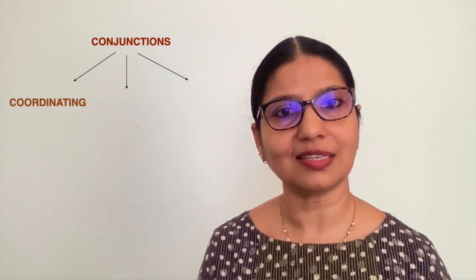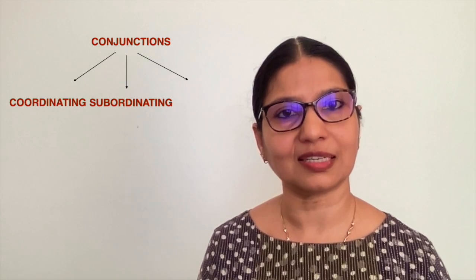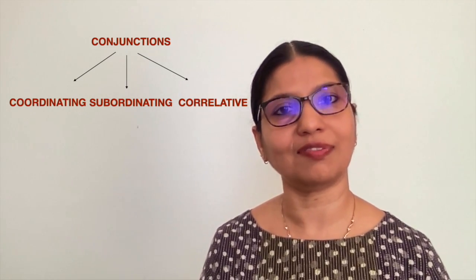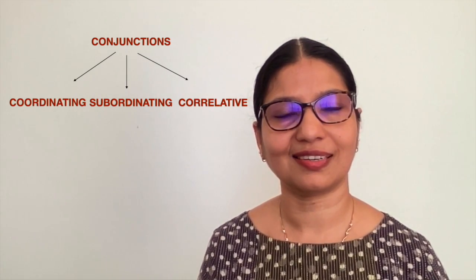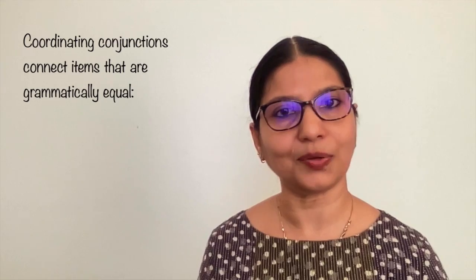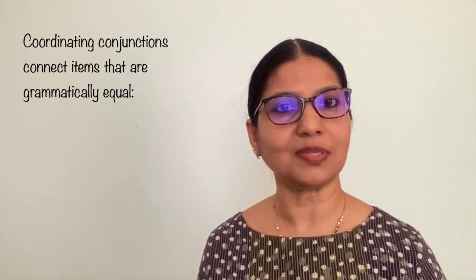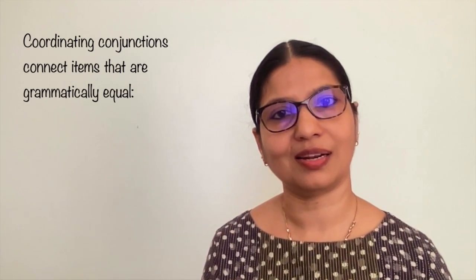There are three distinct types of conjunctions, namely coordinating conjunctions, subordinating conjunctions, and correlative conjunctions. Let's focus on coordinating conjunctions first. Coordinating conjunctions are used to link items that are grammatically equal.